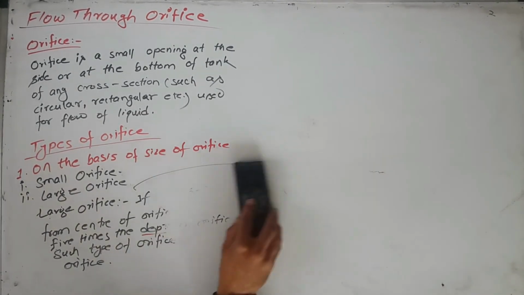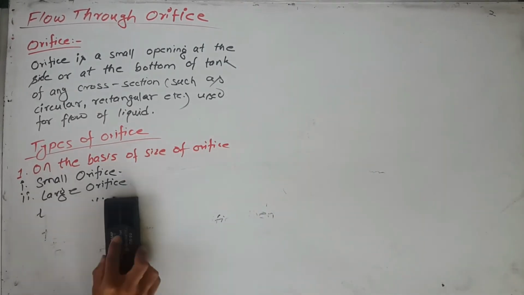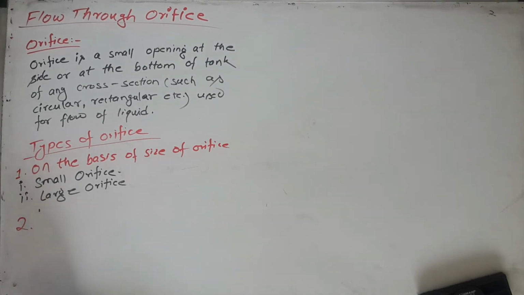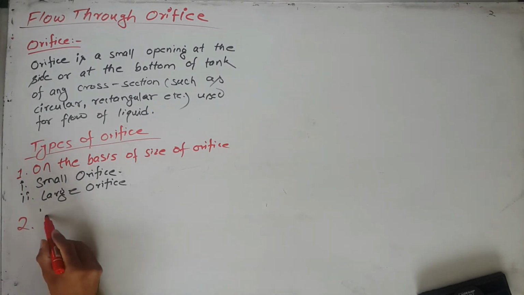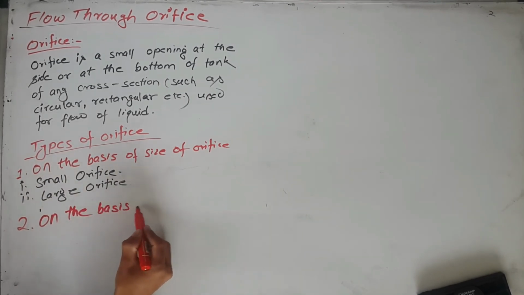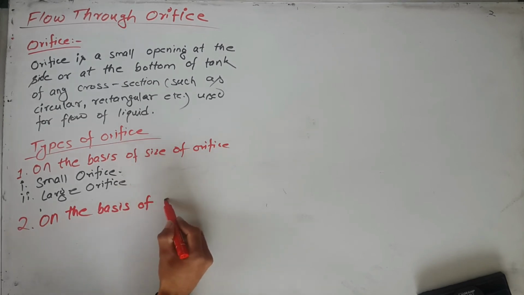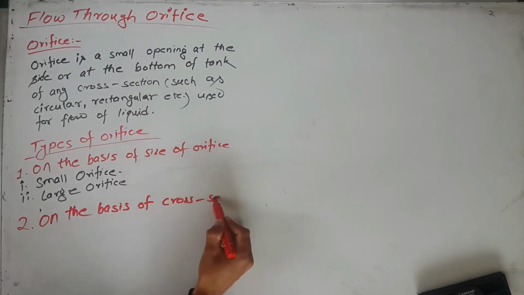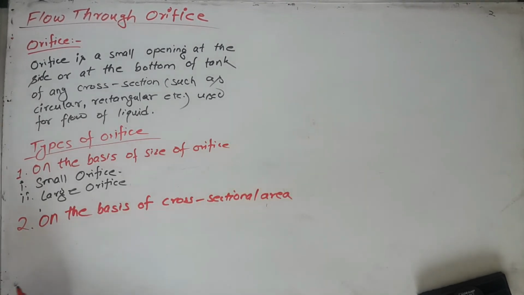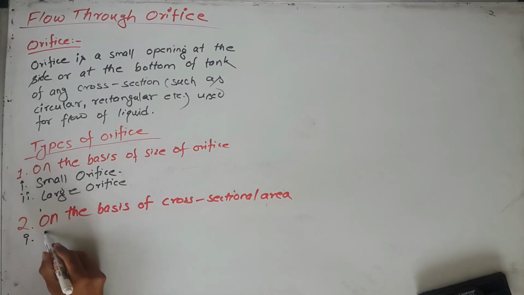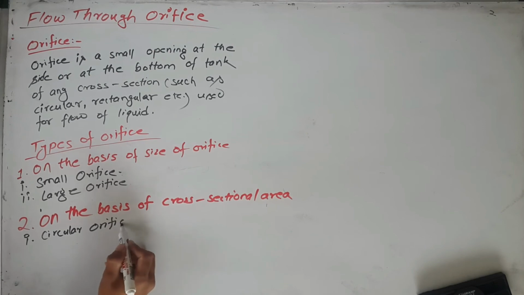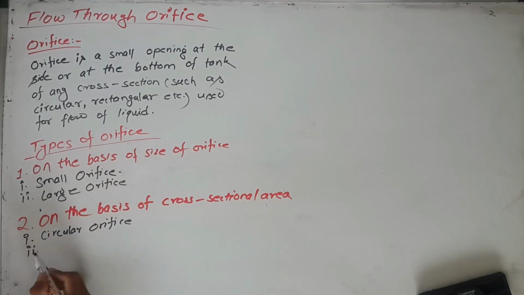Now we go to another basis. On the basis of area of cross section, we have different types of orifice. We have circular orifice, rectangular orifice, and triangular orifice.